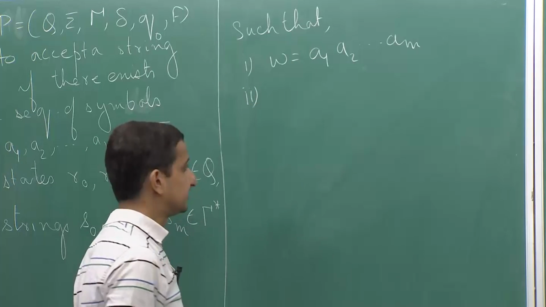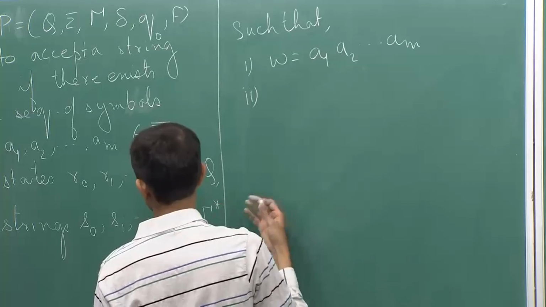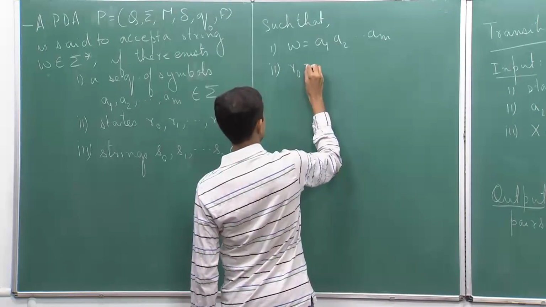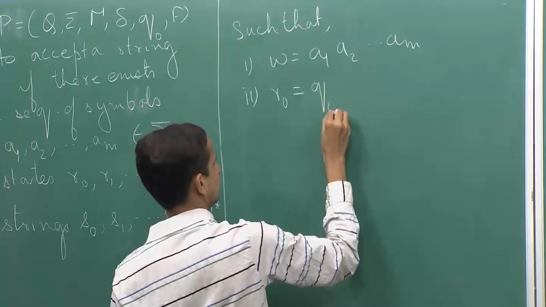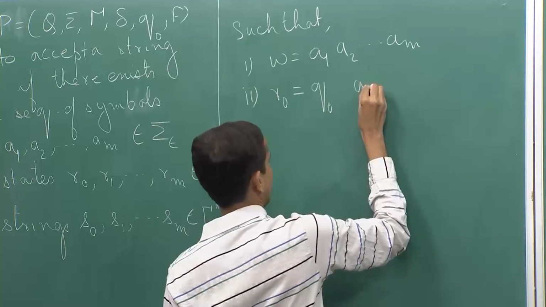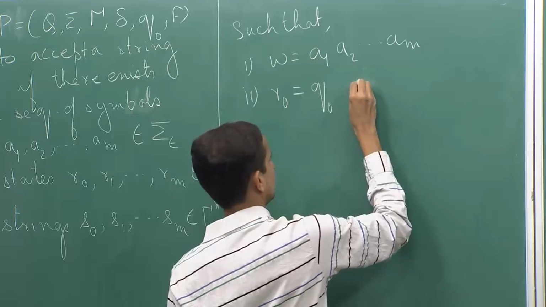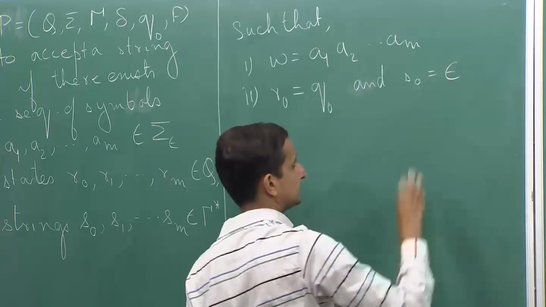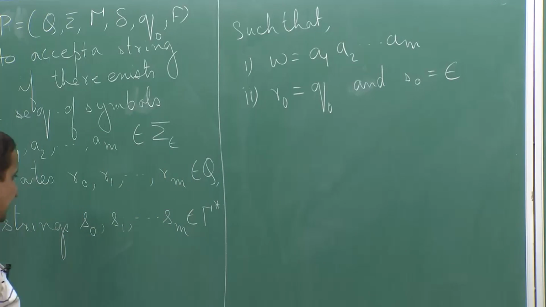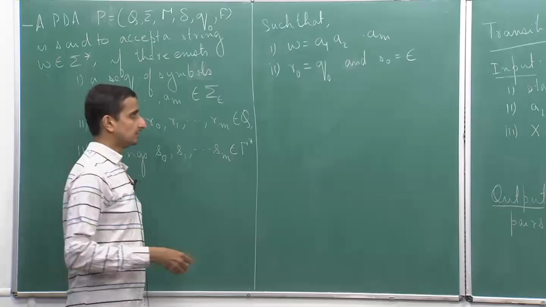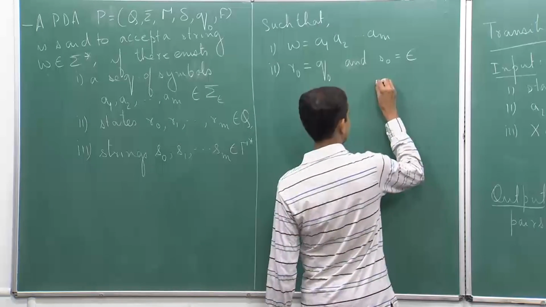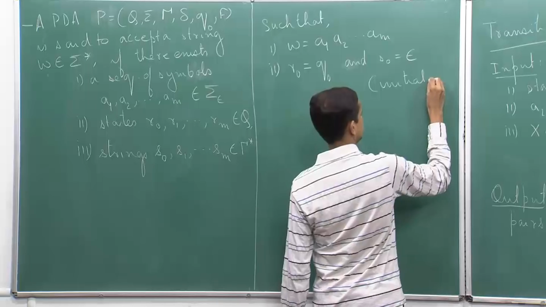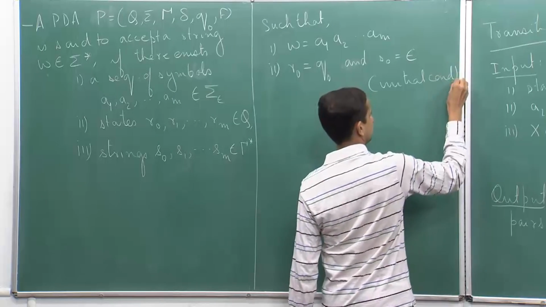Second is the initial condition, that is, what happens at the beginning? At the beginning we have r0 equals q0 and s0 is empty, so at the beginning the stack contains nothing.